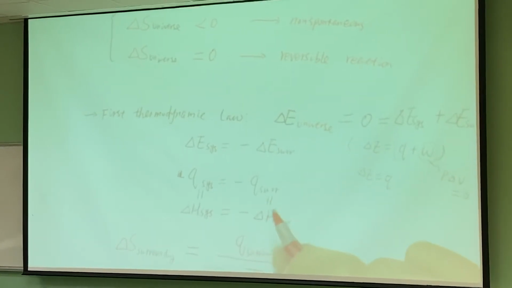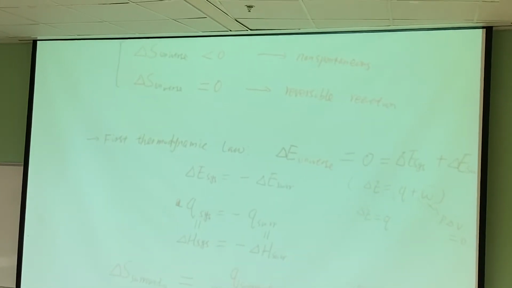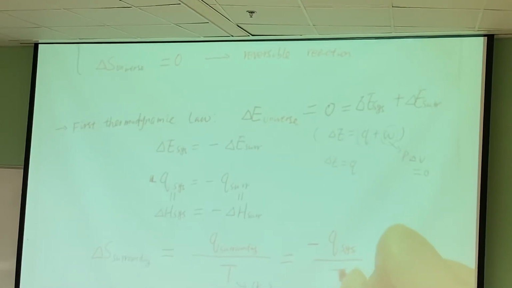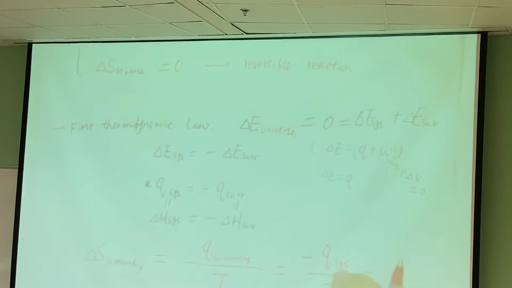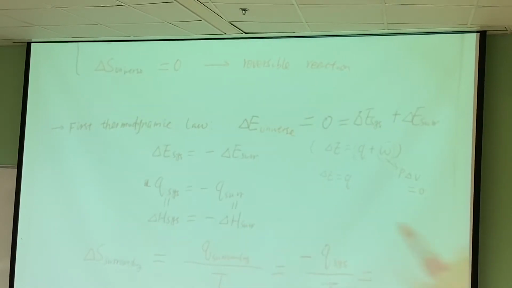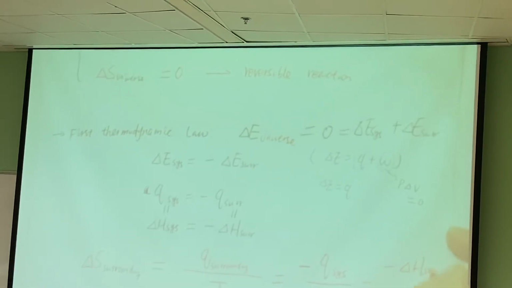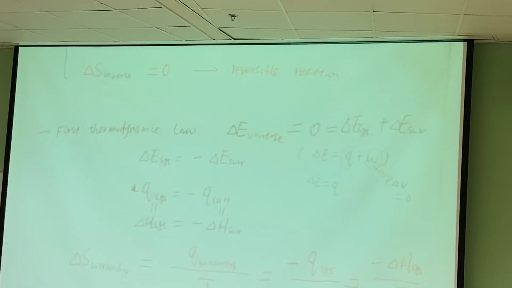So Q surrounding is negative Q system, over temperature. And further, because Q system is delta H, we use delta H system over temperature.